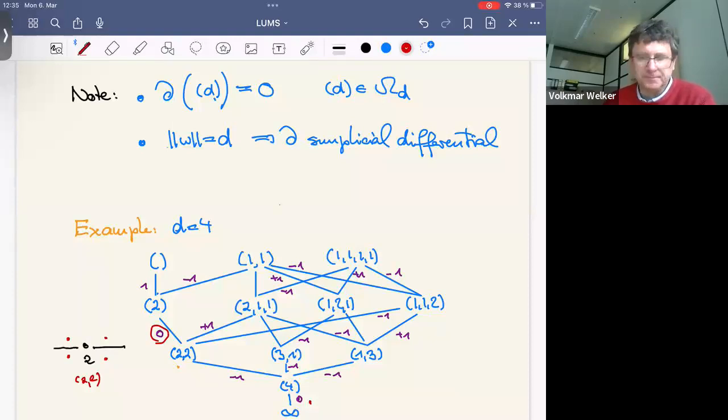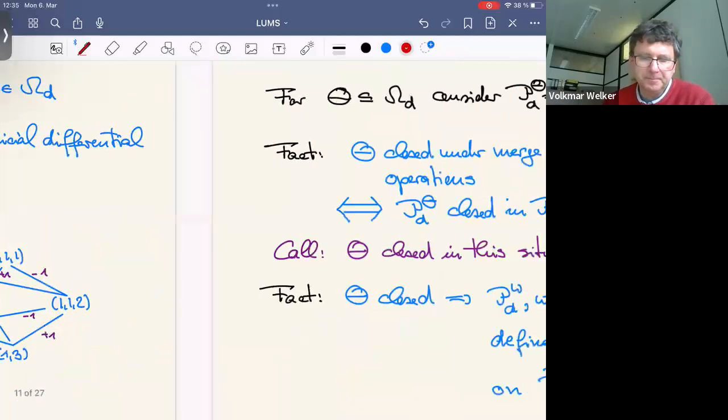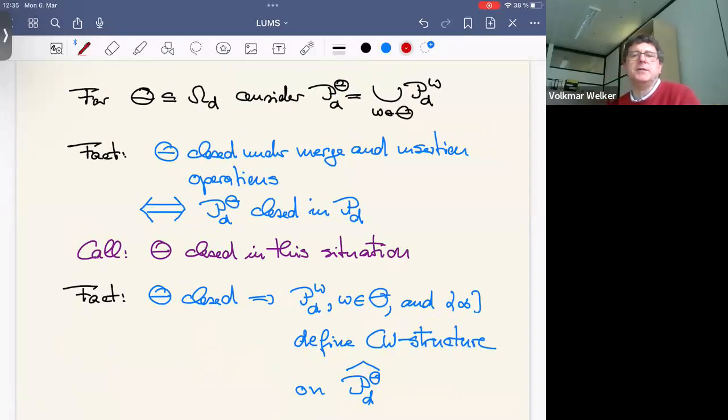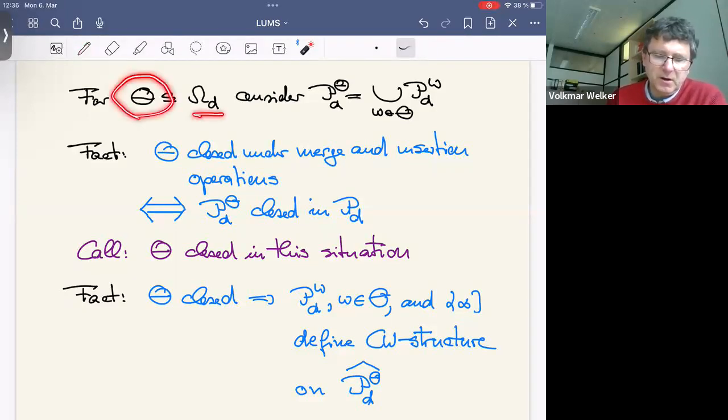Okay, so now we have complete combinatorial control over the situation. Now we need to understand what spaces we actually want to consider. We want to consider, for some subset of our set of root multiplicities, all polynomials that lie in root multiplicity from this subset.